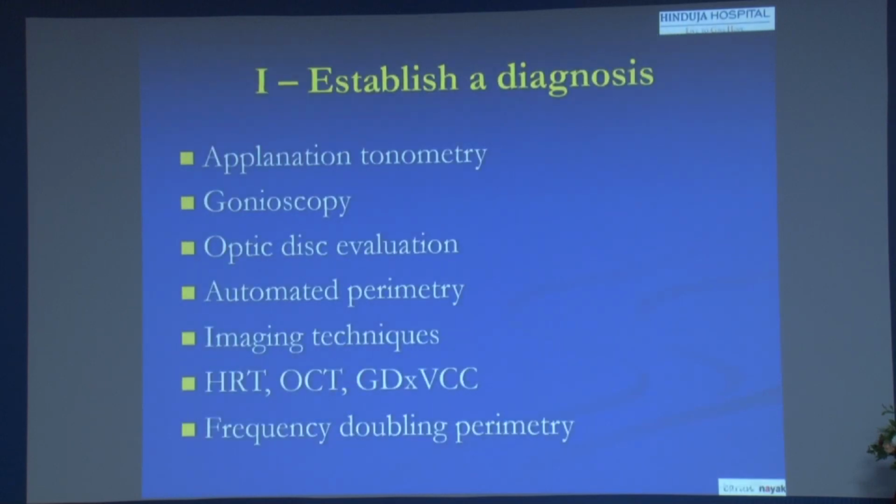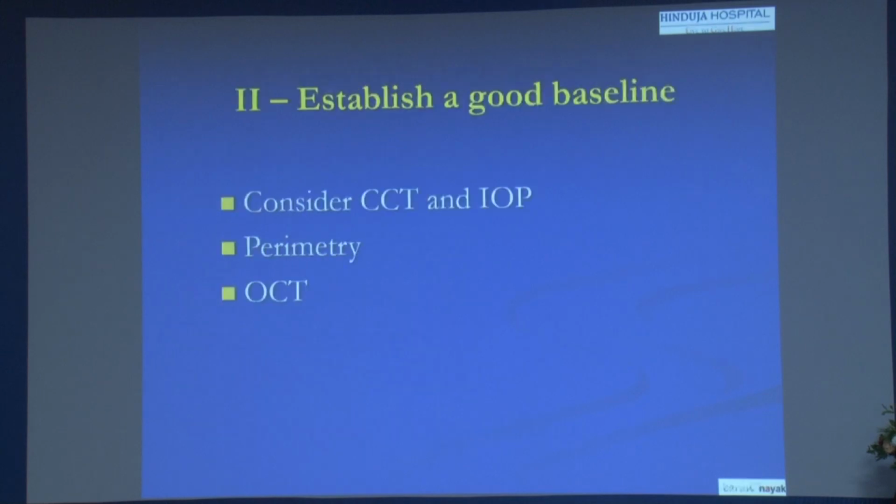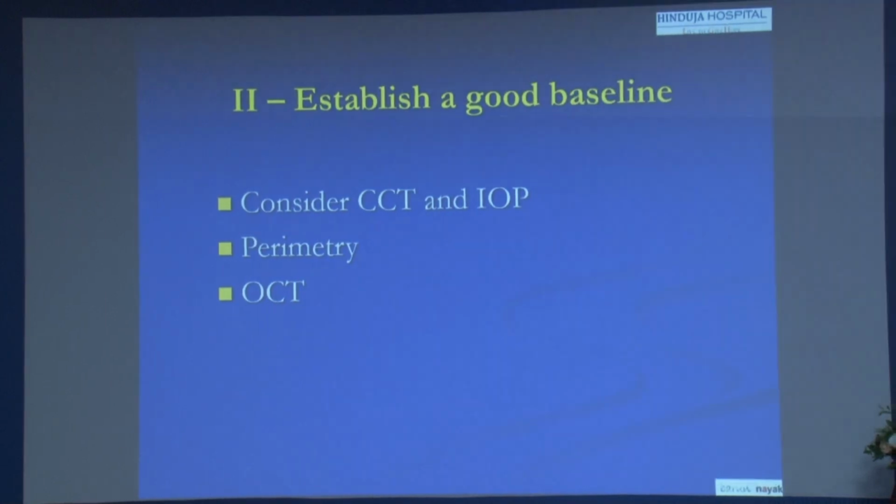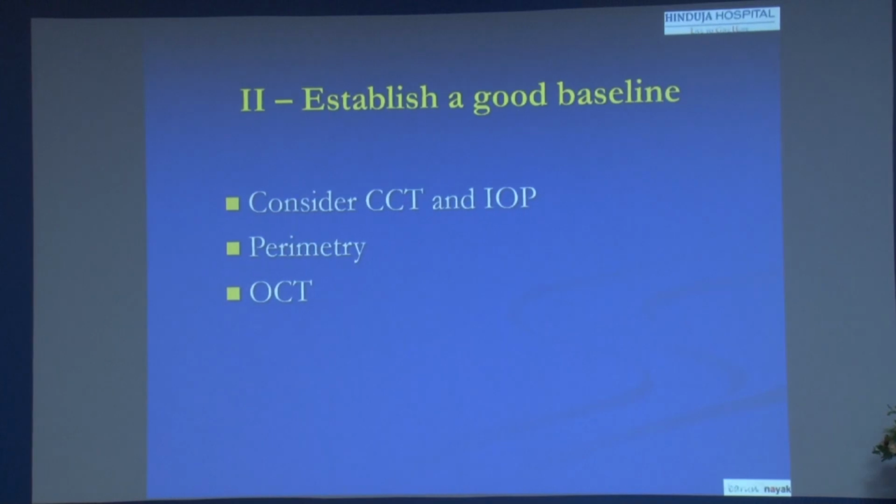Establish diagnosis, I will not go into detail, because it was covered in quite some detail. Good baseline, as I already told, intraocular pressure, also consider a CCT, perimetry, OCT, and optic disc. But in the follow up, at every visit you will be doing whatever is required at that visit, because perimetry and OCT you will not be repeating every time.